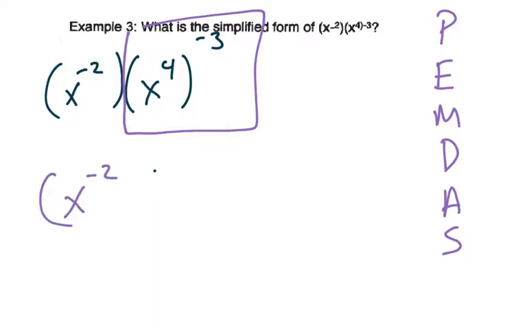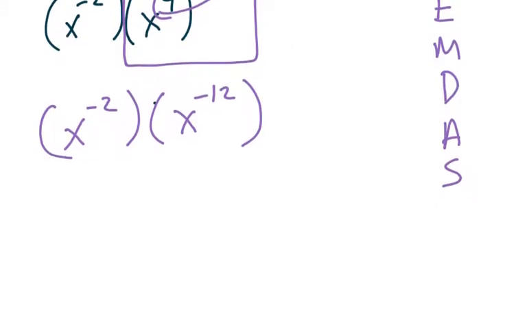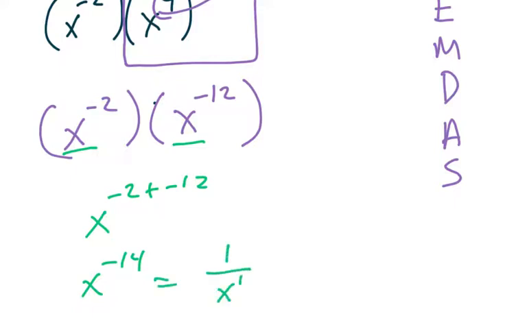So this is x to the negative 2 times x to the negative 12. Notice that all I did was multiply 4 times negative 3 and get negative 12. Okay. Well, now that the bases are the same, we know the rule is that we add the exponents. And this is going to give me x to the negative 14, or if you prefer, 1 over x to the 14th. And there's your answer.